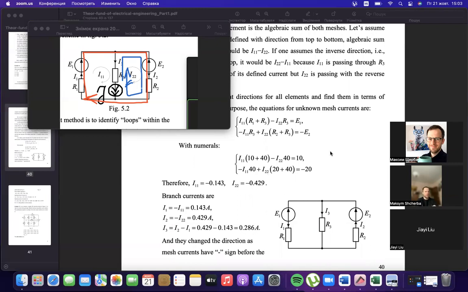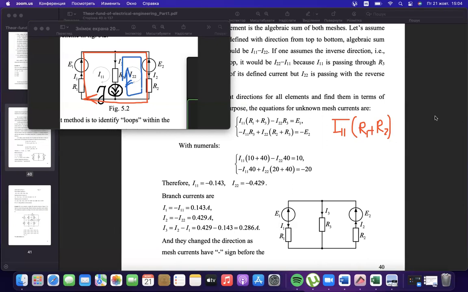That means that if we want to write the new system, it will be I11 multiplied by all other resistors. It will be R1 plus R2. Then we have the blue mesh that also flows through the R2. It flows in the same direction.